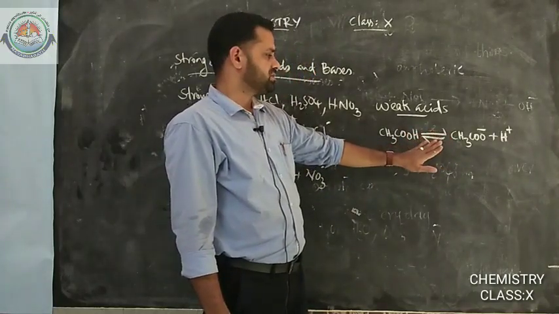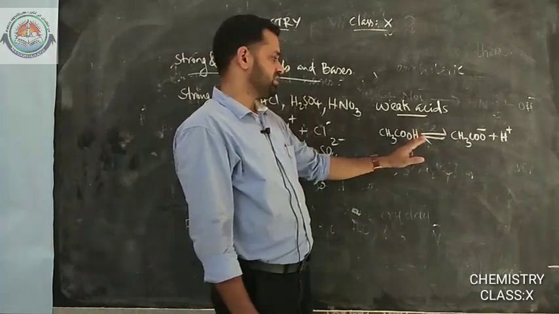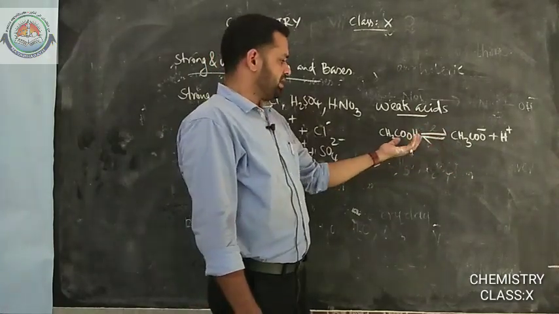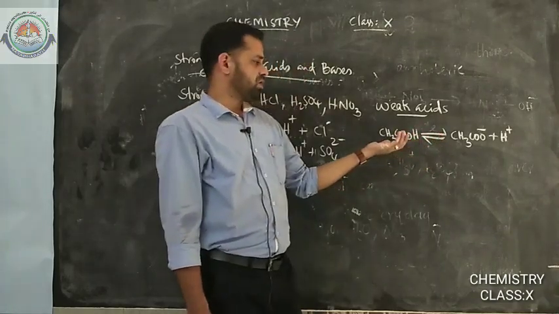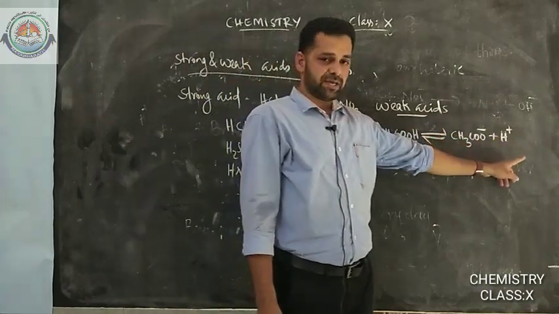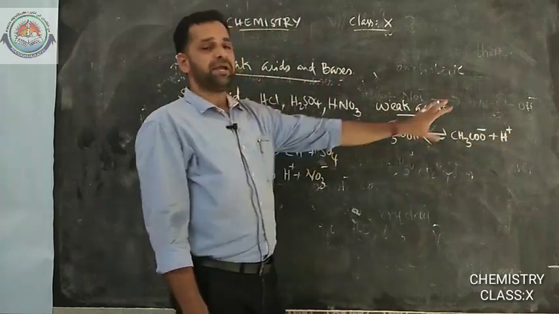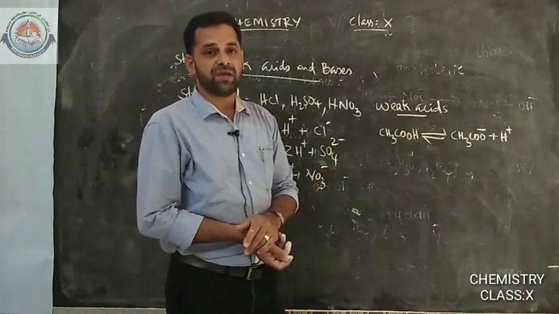In this reversible reaction, both reactions take place simultaneously, that is why it is called a reversible reaction. Acetic acid on dissociation produces acetate ion and H plus ion, but complete dissociation is not taking place here, that is why it is called a weak acid.